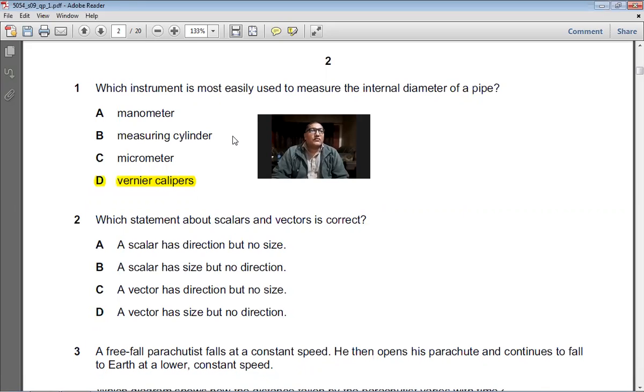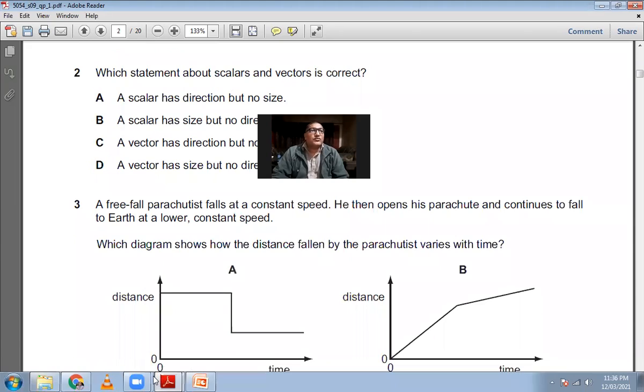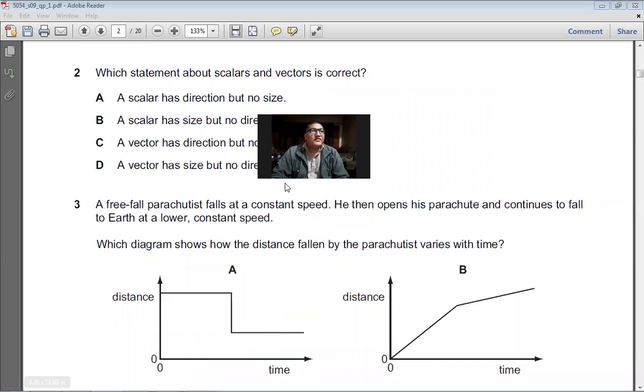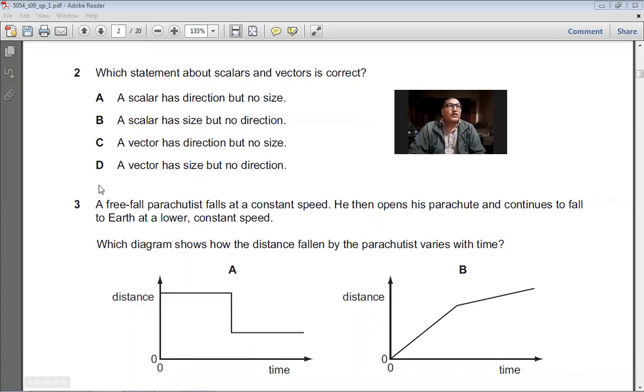Okay. So question number 2 coming up on your screen. It says, which statement about scalars and vectors is correct? A scalar has direction but no size. That's wrong.